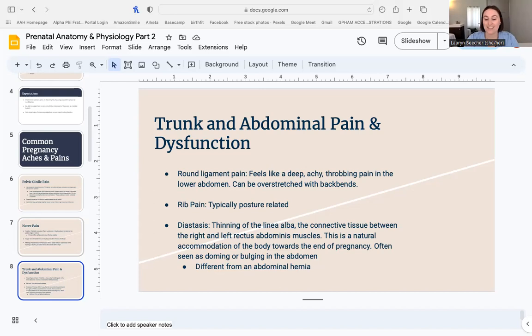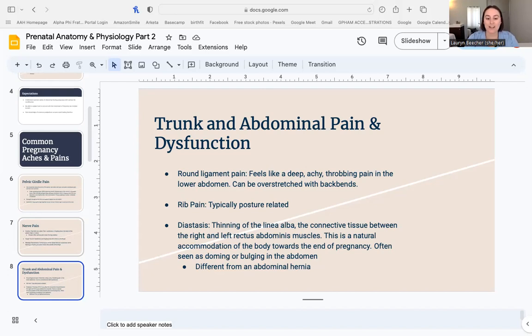Rib pain is another very common area of discomfort during pregnancy. And it's often related to our posture. So when we think about pregnancy, as the baby grows, the uterus grows up and then at a certain point typically tips forward. So as the baby grows and everything presses up, it can shift the ribs up and out.